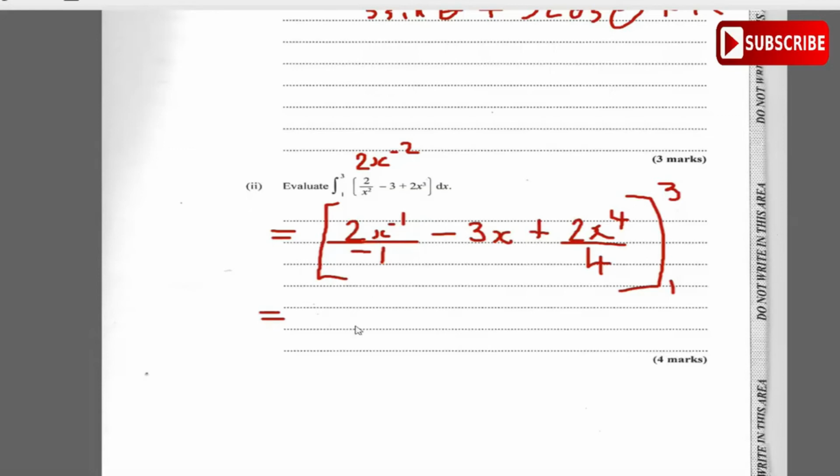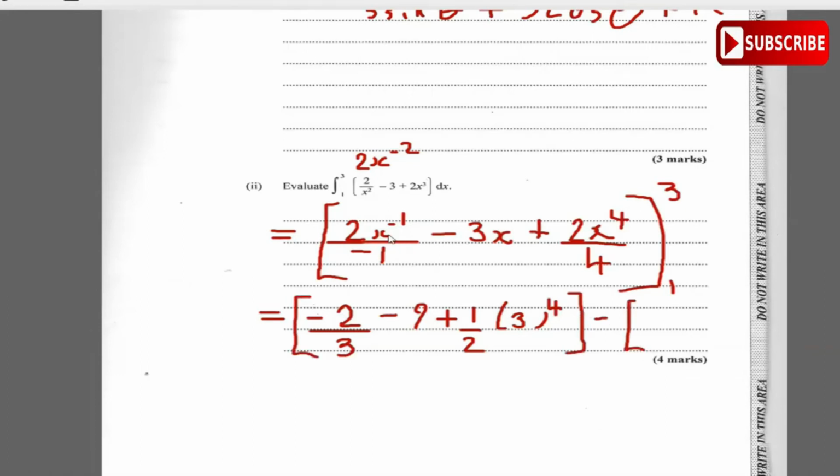When x is 3, we get minus 2 over 3, minus 3 times 3 which is 9, plus 2 over 4, which is really a half, of 3 to the 4th power. That's what you get when you plug in 3, and then you subtract what you get when you plug in 1.